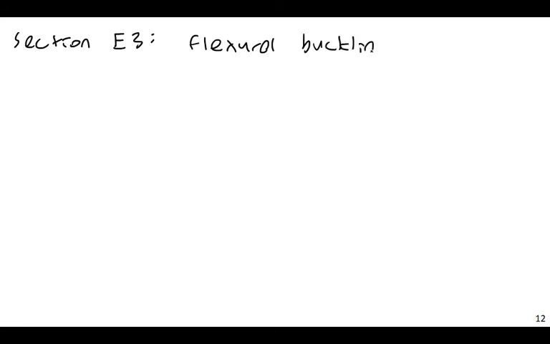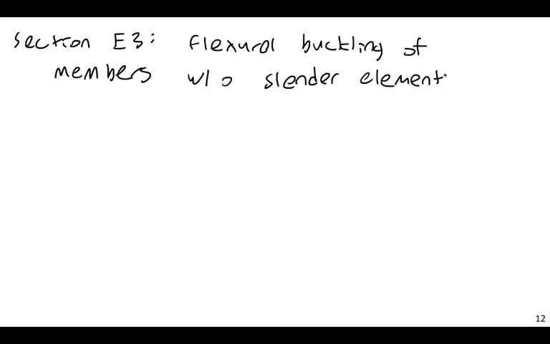again, if you look at section E3, this is for flexural buckling of members without slender elements. So section E3 is flexural buckling for members without any slender elements.